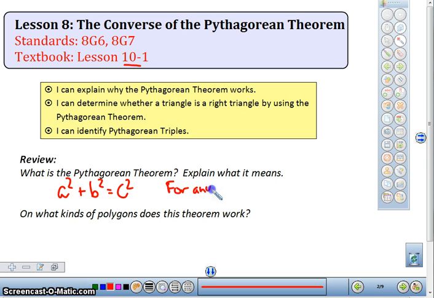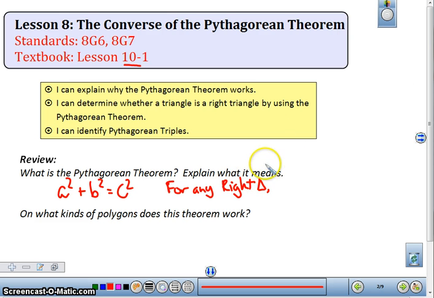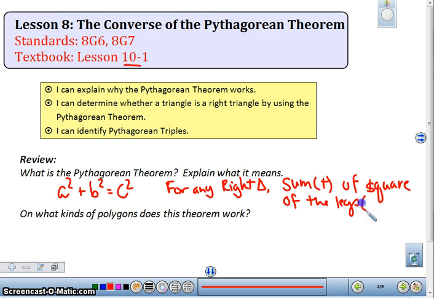For any right triangle, what are we looking at? It is the sum, remember, that's your addition, the sum of the squares of the legs. What are our legs? A and B. And you're squaring both of them, so a squared and b squared.